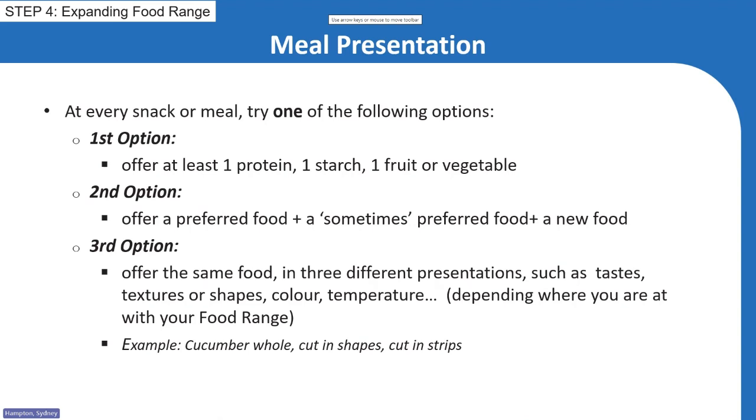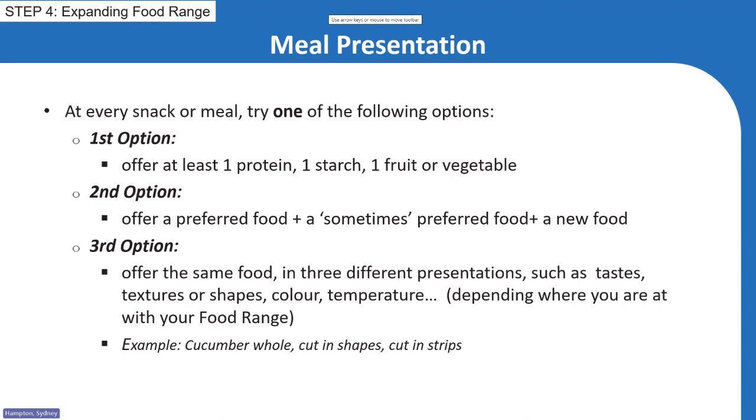The second option is going to be looking at offering a preferred food, a sometimes preferred food, and a new food. The child doesn't have to really touch that new food, but it's just going to be on the plate for them. The third option is going to offer the same food in 3 different presentations with different tastes, textures, shapes, colors, temperature, depending on what your child likes within that food range.